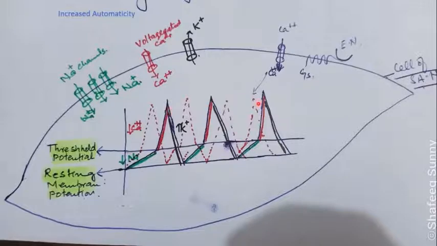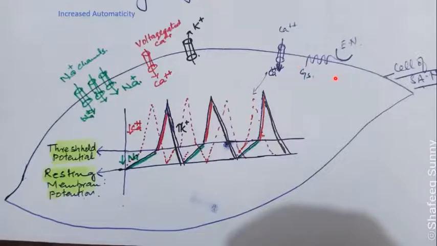One method is when epinephrine stimulates the G protein coupled receptors, also called the 7-pass receptors, at the SA node.